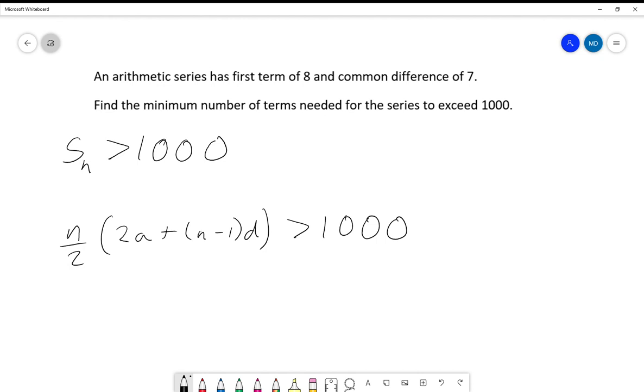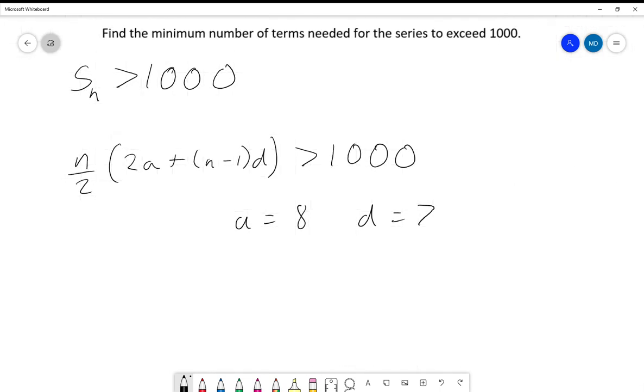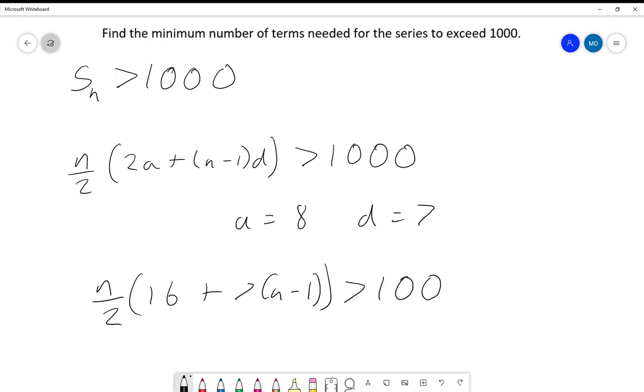But we know a and d. A is equal to 8 and d is equal to 7. So we get n over 2 lots of 16 plus 7 lots of n minus 1, and we want that to be greater than 1000.